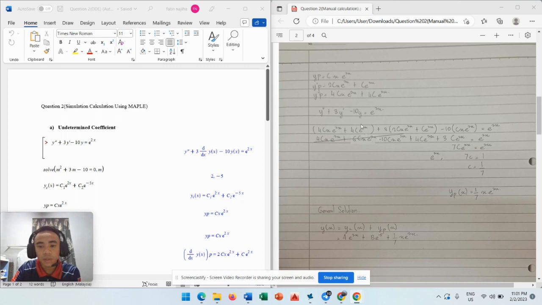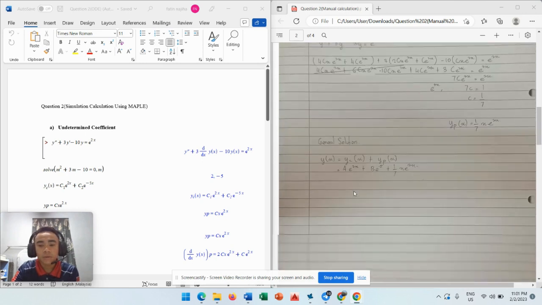So after we substitute the y double prime, y prime and y, and we solve, we get c equal to 1/7. Okay, so the answer of the ypx is 1/7 exponent 1/7 x exponent to x.